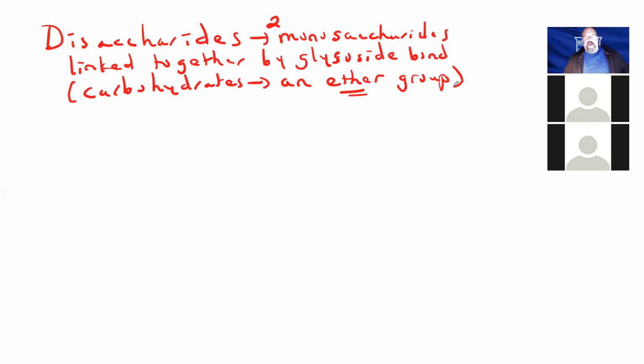And hopefully by now you're comfortable in terms of knowing what ethers are. Of course, for an ether, you have an oxygen, and that oxygen is singly bonded to 2 carbon groups. And the 2 carbon groups may be the same, or they may be different.